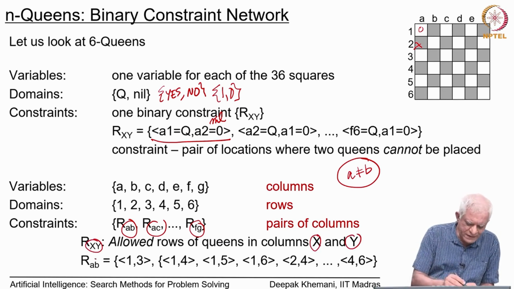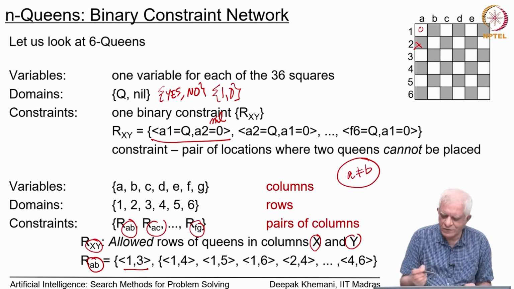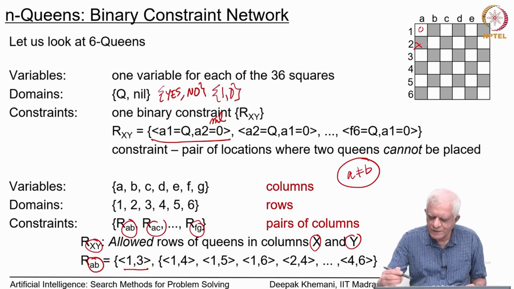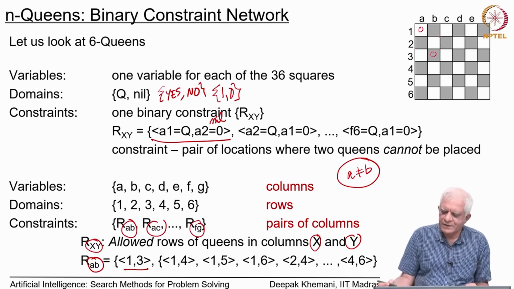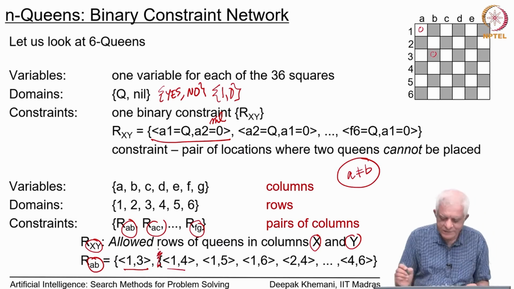If you look at the relation between the first 2 queens A and B, this one says that you can place a queen on row 1 and the second queen on row 3. Let me rub that part off. You can place the second queen here, but you could have also placed the second queen on 4.